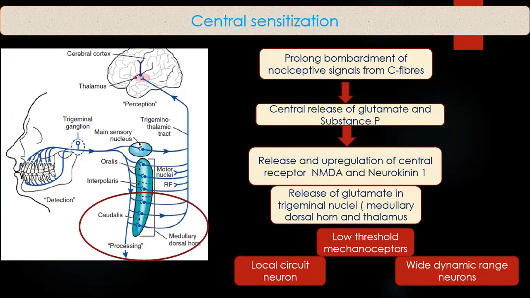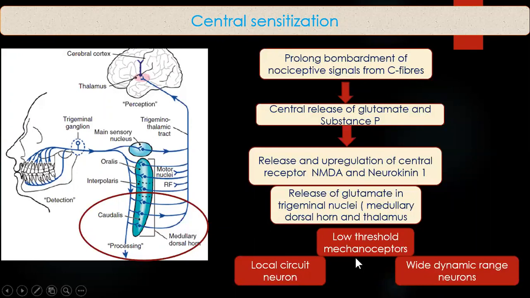This release will increase the upregulation of the central receptors, and these central receptors within the medullary dorsal horn will upregulate and send the sensations through the spinothalamic tract, which is responsible for producing pain and pain perception, to the thalamus and the cerebral cortex, that is the third order neuron response, right?